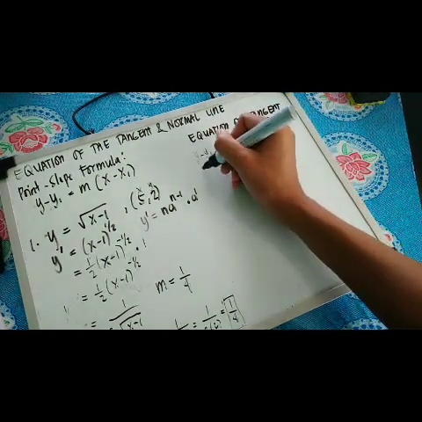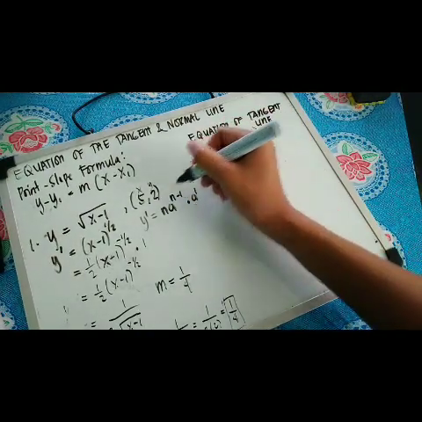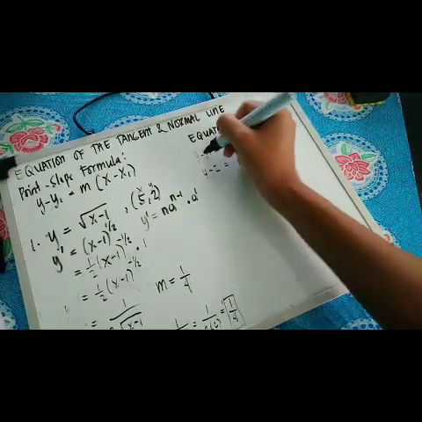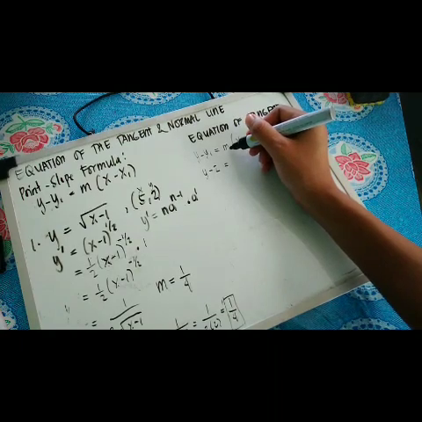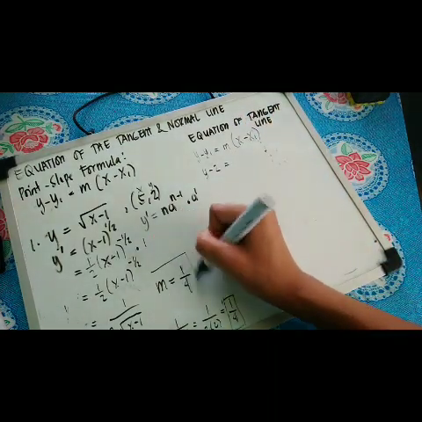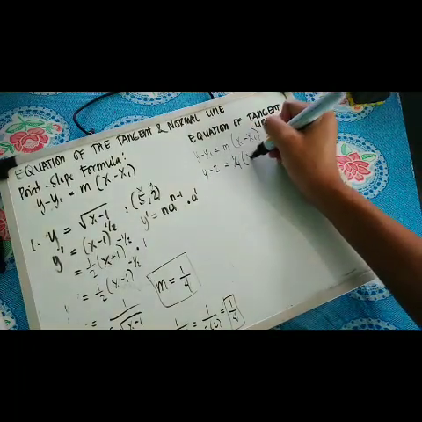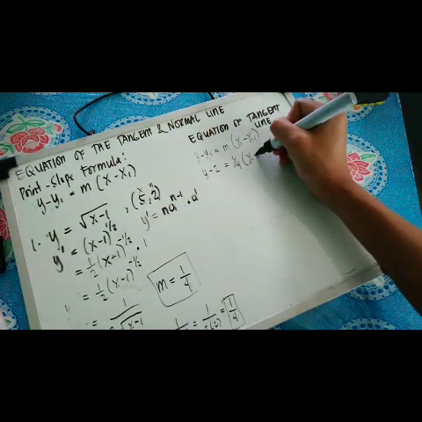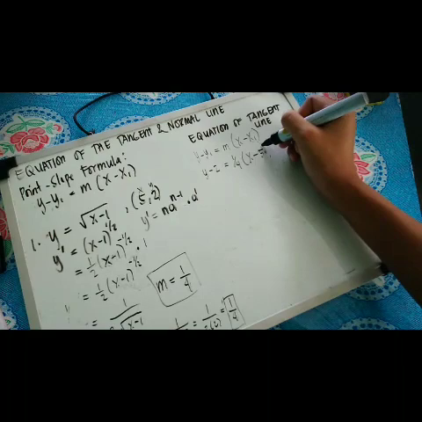Our y sub 1 is 2, so it is positive 2; it becomes negative 2 since this is the formula, because negative times positive is negative. Our m is 1/4. Then our x sub 1 is 5, so since it is positive, we use a negative sign.